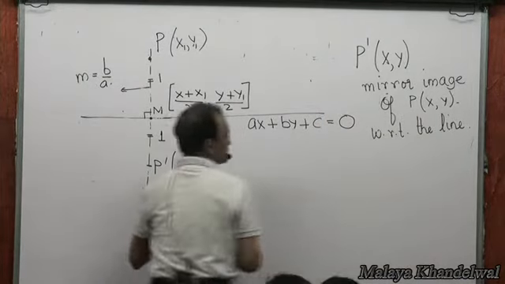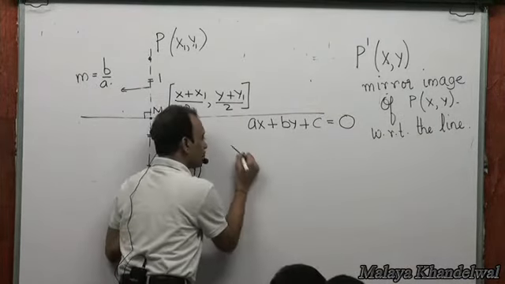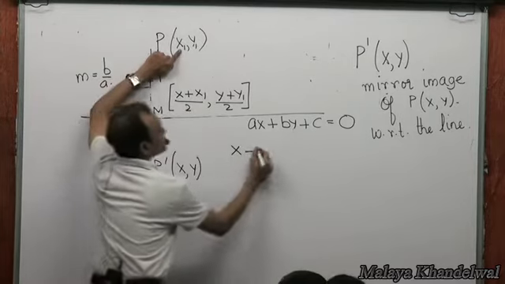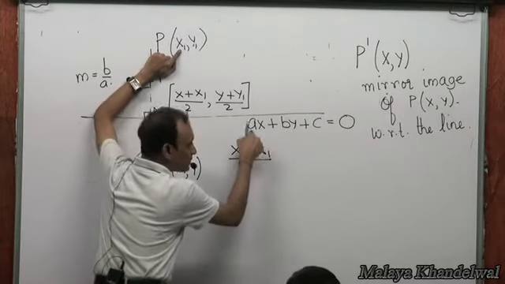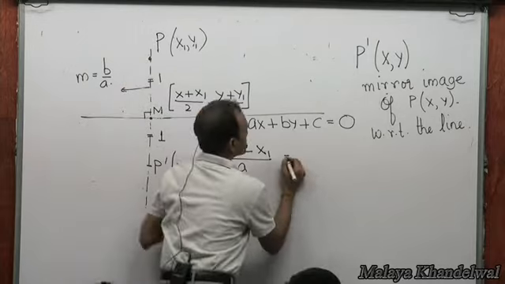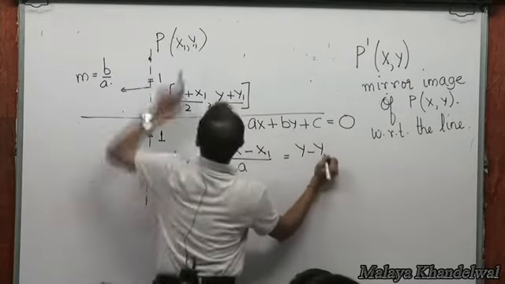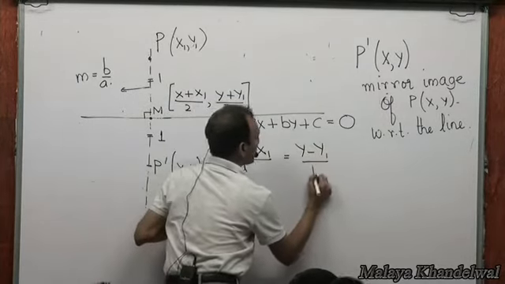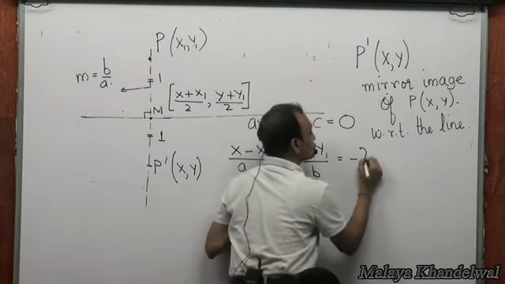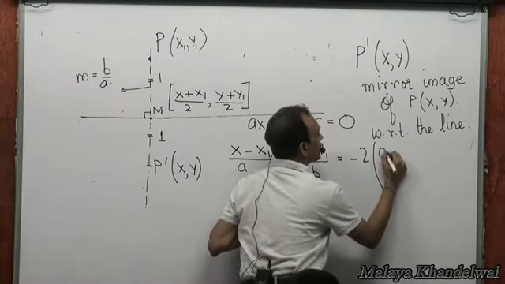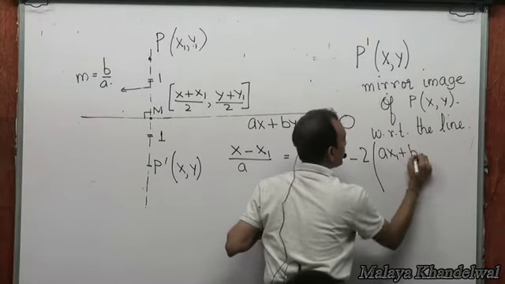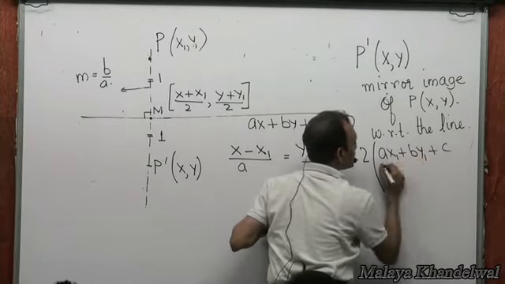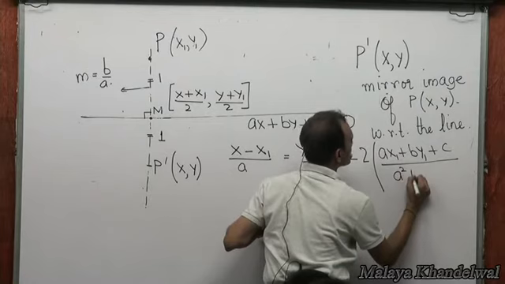To get the mirror image x comma y, you do the following. (x minus x1) divided by a equals (y minus y1) divided by b, which is minus 2 times (ax1 plus by1 plus c) divided by (a square plus b square).